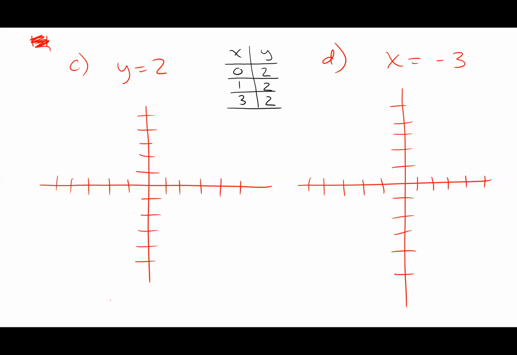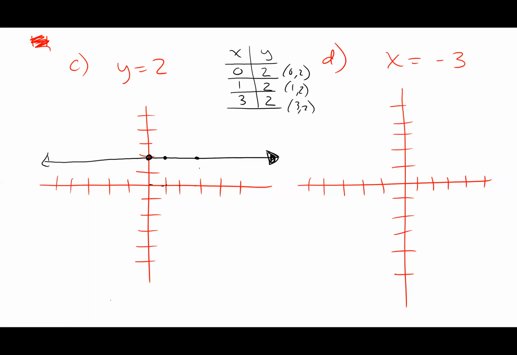So if you were to plot these points, if you go 0 sideways and 2 up, that'll be graphing 0, 2. If you went 1, 2, so 1 to the right, 2 up, you get right here. Then 3 to the right and 2 up, you get right here. So notice, hey, look, what's forming? Yes, it is a horizontal line.